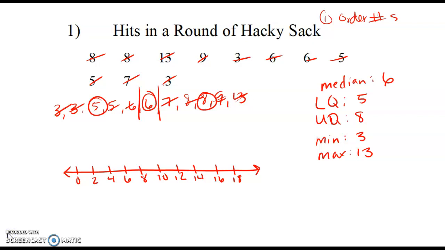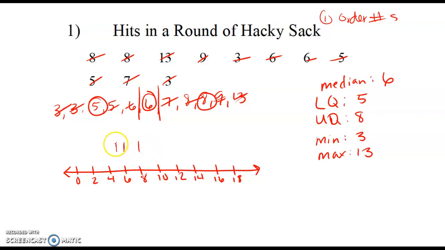Once we have the number line created, then I just mark these points on my number line or above my number line. So my median is at 6, so I'm going to put a line above the 6. I'm going to put a line above the 5, a line above the 8.